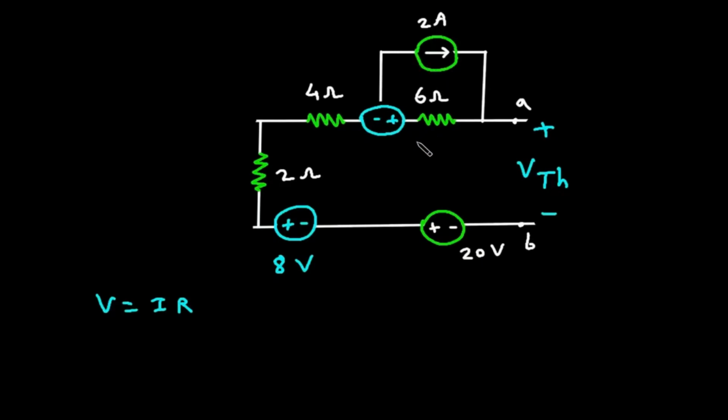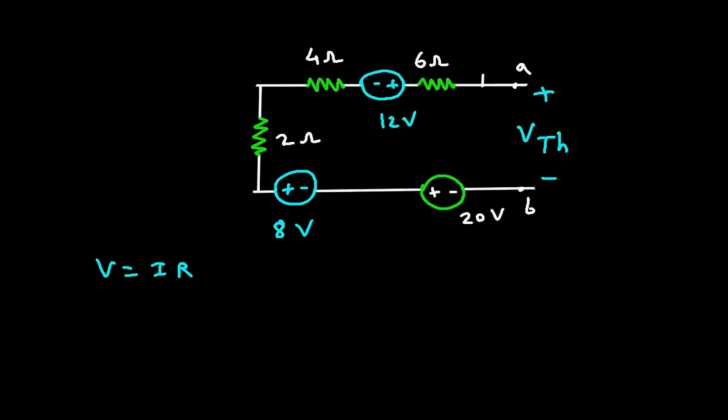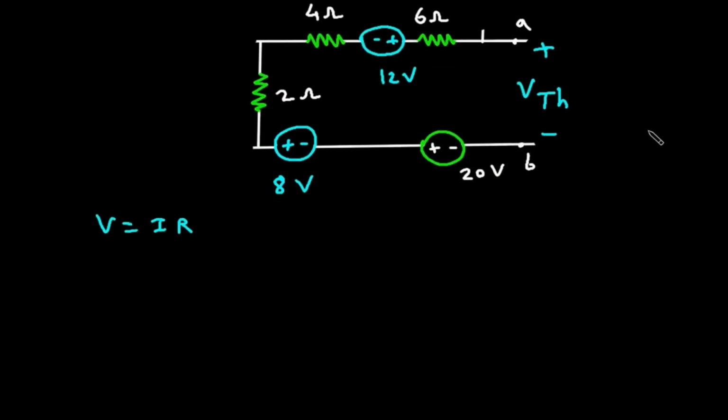Again 2 into 6 is 12 volt. Now here we can apply KVL to find the value of VTH. Apply KVL to the loop.